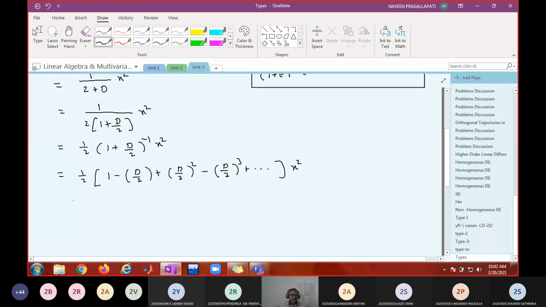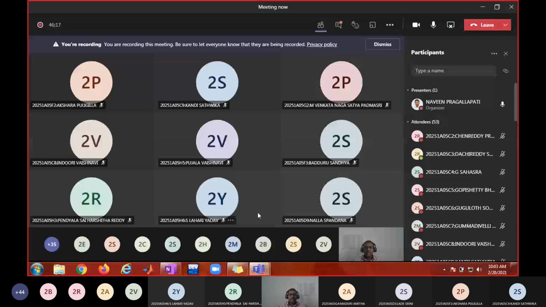So then apply each term on the polynomial. Okay, so 1 into x square. What is 1 into x square? X square minus 1 by 2 into derivative of x square. Derivative of x square is 2x.